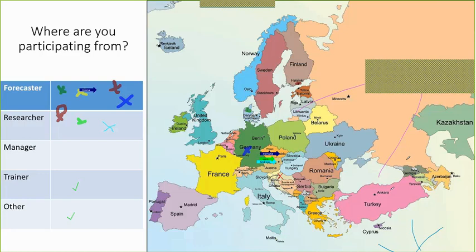Okay, someone made a huge trip from all around the eastern part of Europe. Okay, I see that most of us are forecasters or researchers, and then we have a couple of trainers also, and one other.